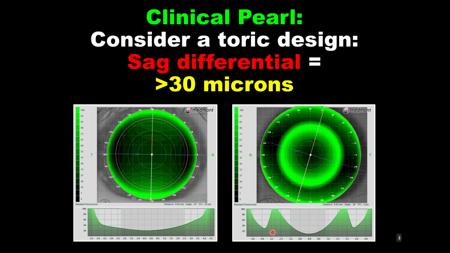When that differential in sagittal depth is 30 microns or more, we're going to use a toric of whatever sort, a peripheral toric or a back toric or bitoric lens, to create the appropriate alignment so that we don't have all that fluid underneath the steep meridian. In the case of the Ortho-K lens, we don't want that alignment zone way above the surface, causing decentration, maybe excessive movement, and lack of comfort.